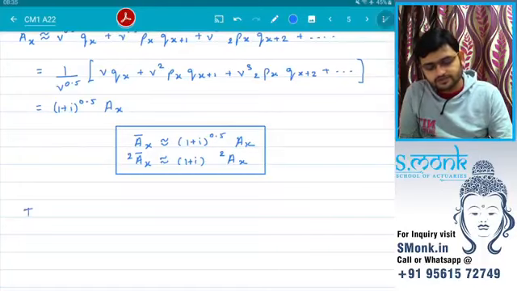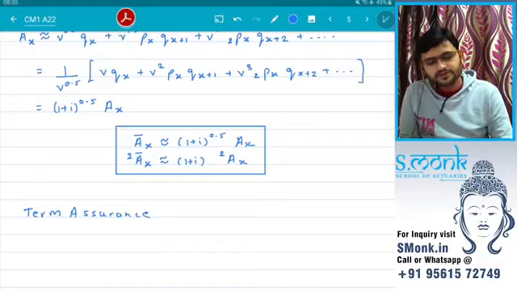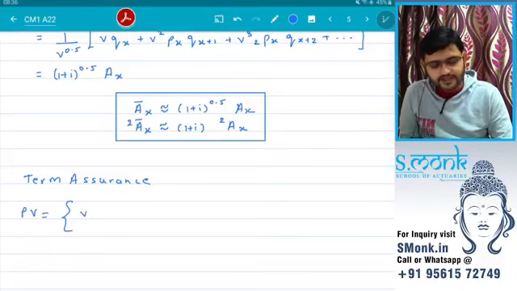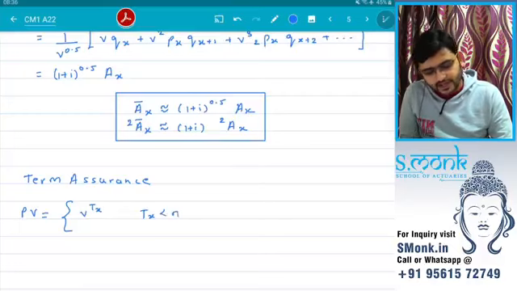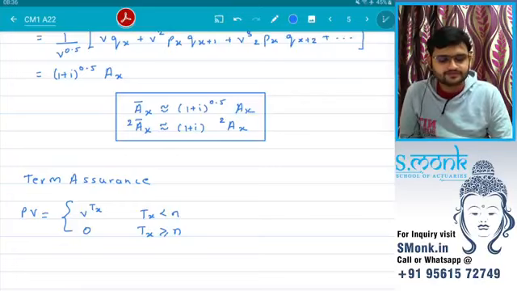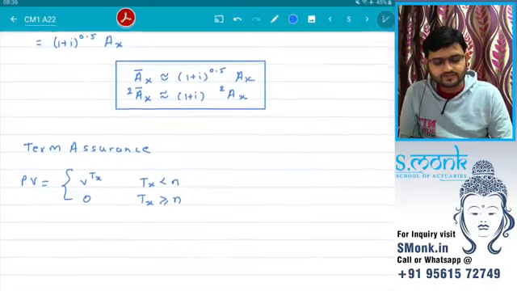Let's talk about term. Term assurance, again, payment immediately on death, and we said that present value would be exactly the same as whole life when a person dies within n years. If the person dies after n years, then nothing would be given.